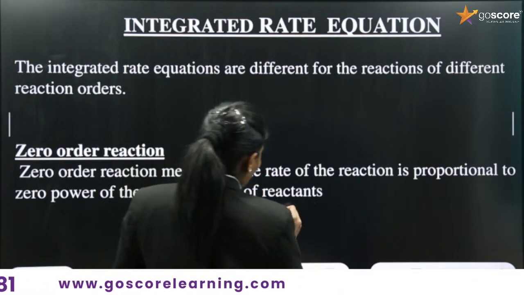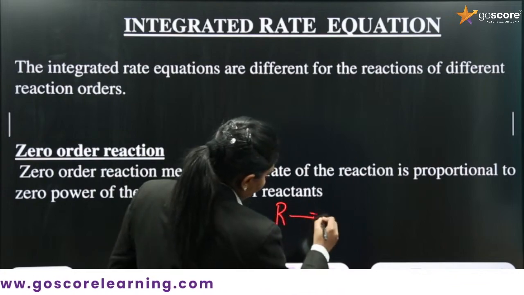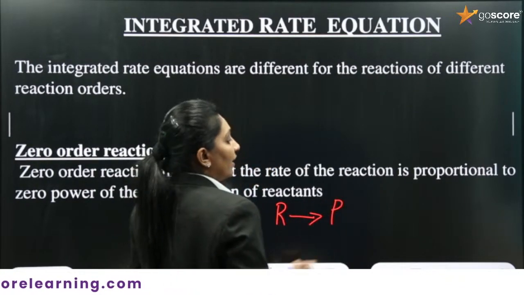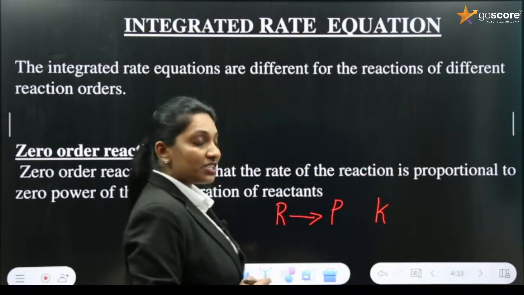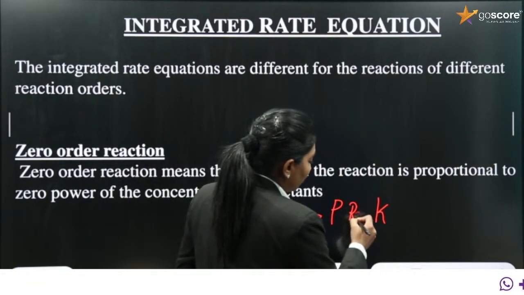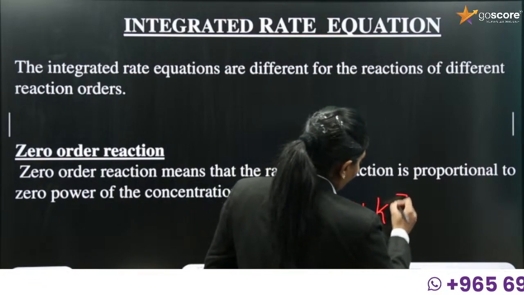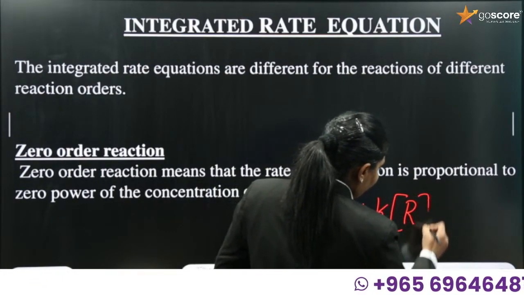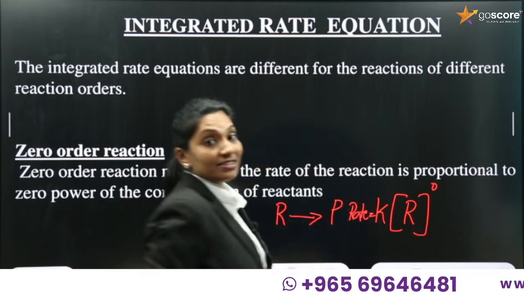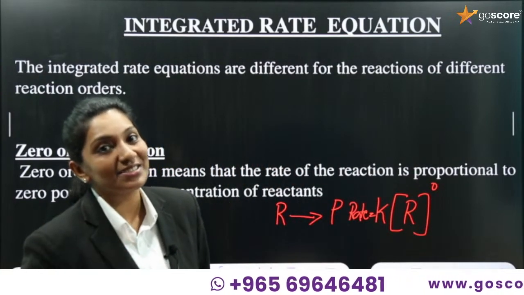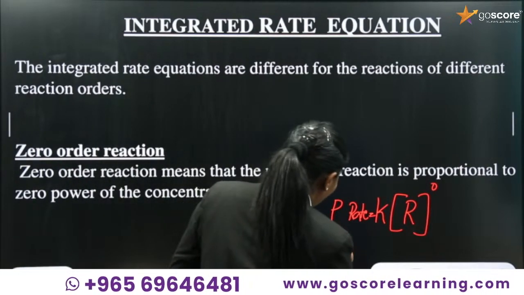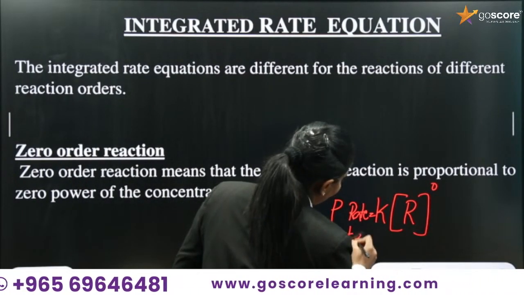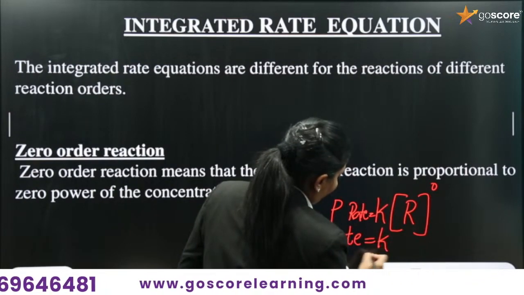So if you take the reactant R changing into product P, and it is a zero order reaction, how will we represent the rate equation? Rate is equal to K into the concentration of reactant with power 0. Any number raised to power 0 is 1, right? So here the rate of the reaction is equal to the rate constant.